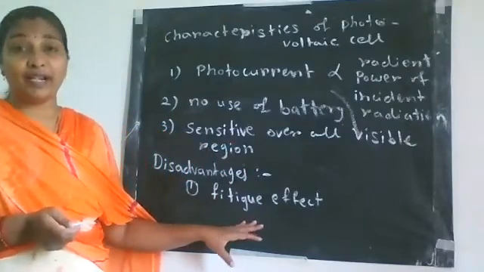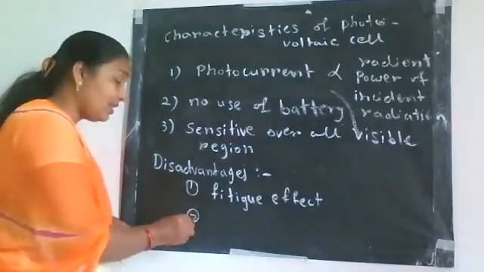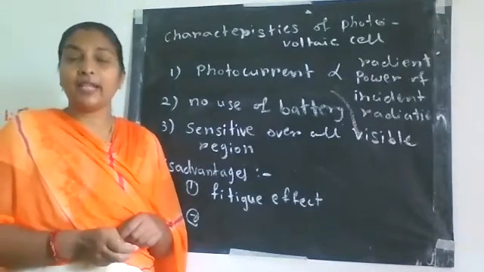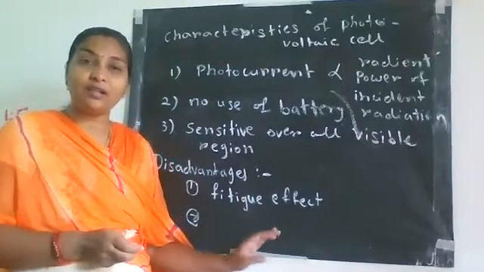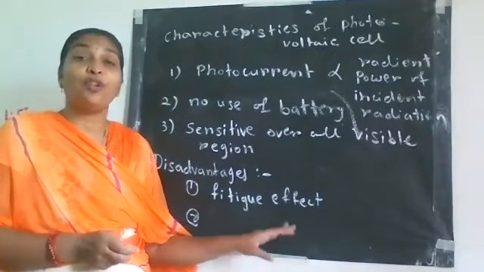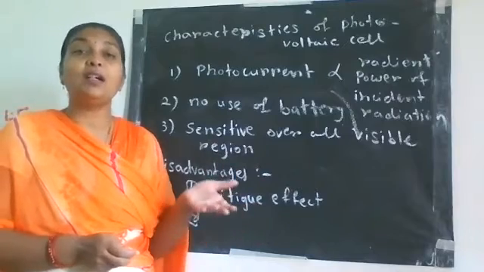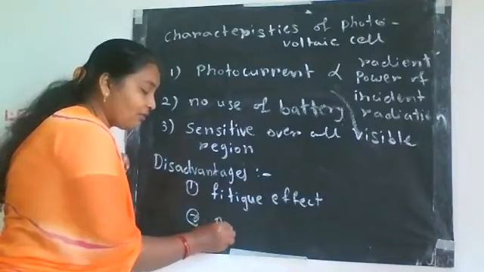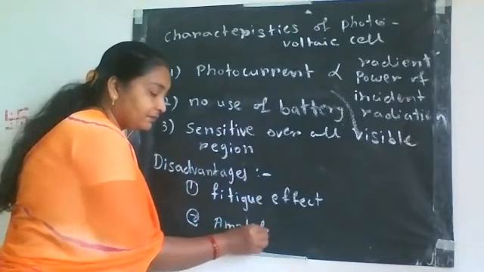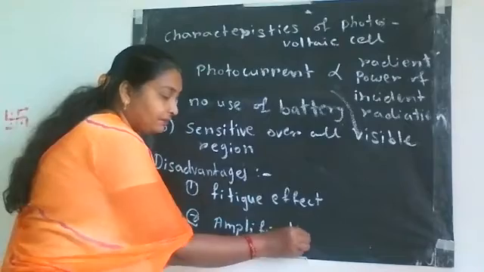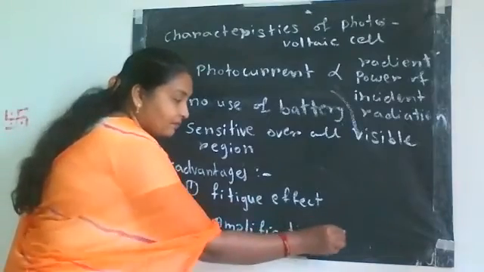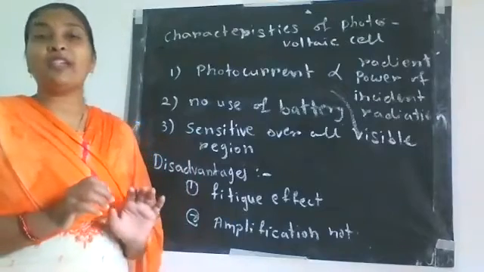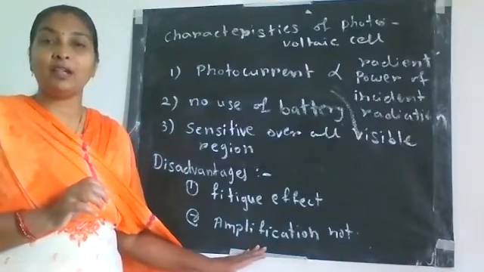This is your first disadvantage, and the second disadvantage, again a very important one, is that the internal resistance of the detector is very low. So the internal resistance is low, and therefore you are not able to amplify the current by the readout system. So amplification is not possible, or if it is possible, it is very difficult to amplify the current produced.